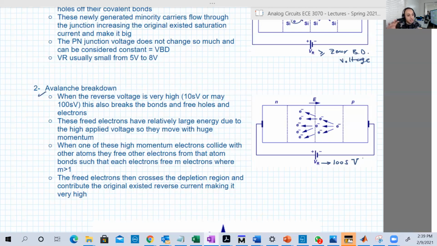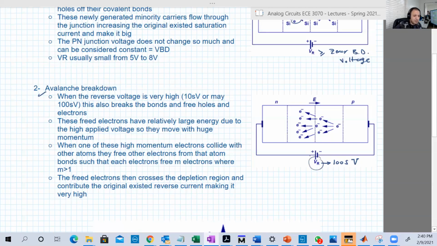We will have the electrostatic energy, so an electron can be free and go from its bond to the conduction band. And also, when the minority carriers move across the junction, they will move with a very high speed because very high electrostatic energy is applied, which is this reverse voltage.